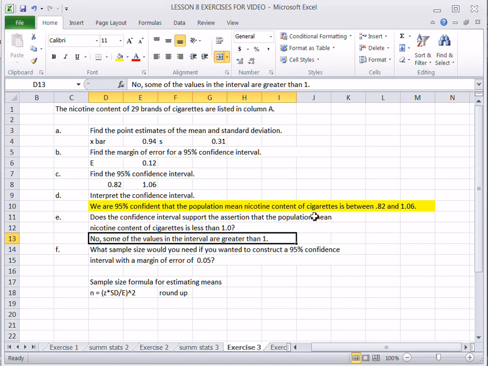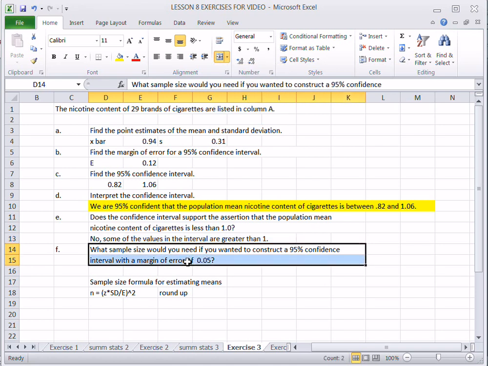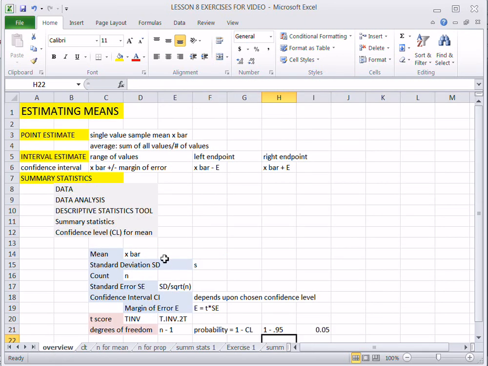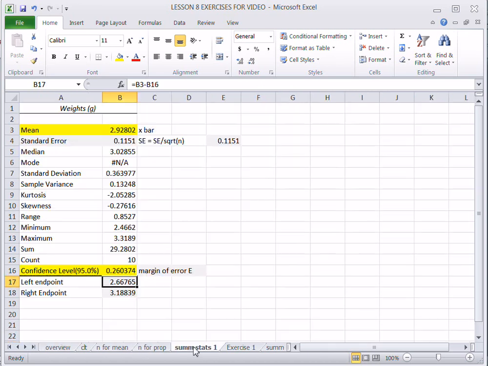So before we get to sample size questions, let's talk a little bit more about the relationships between the standard error, the standard deviation, the count, and the margin of error.